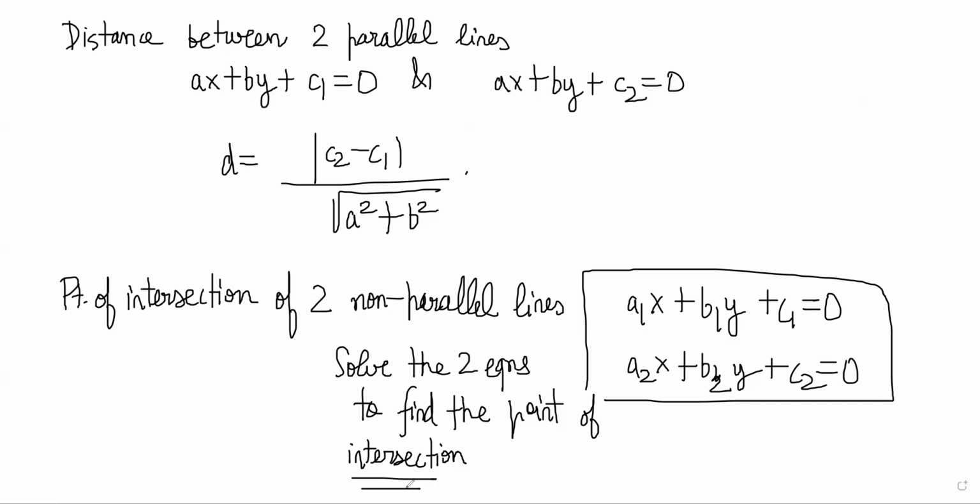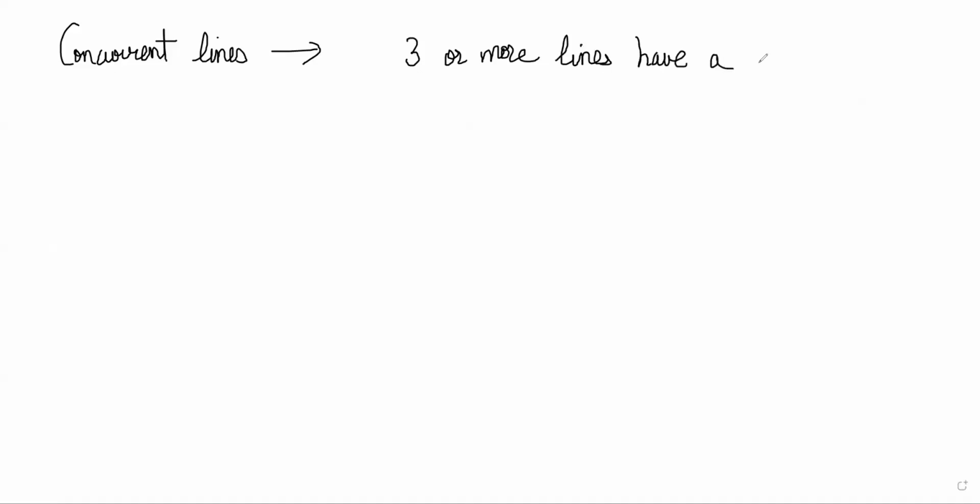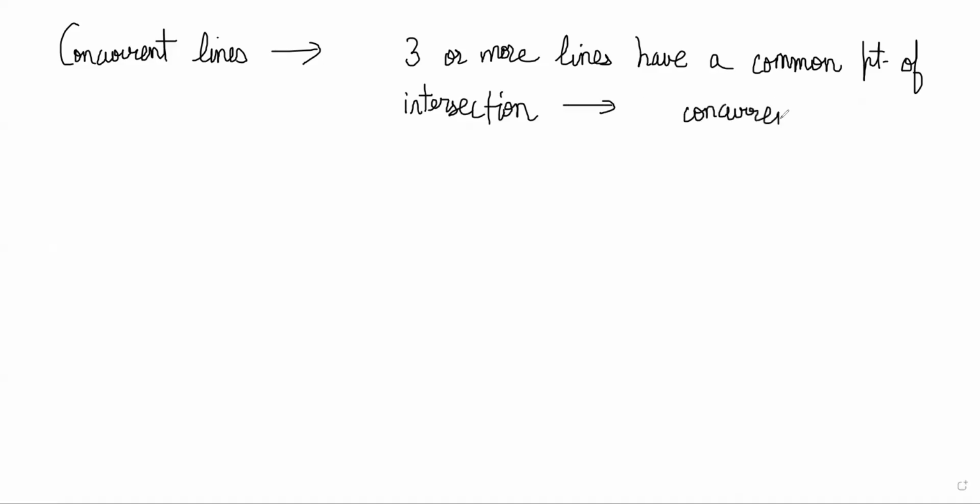the next thing is what are concurrent lines? So basically the idea is if three or more lines have a common point of intersection, then they are called concurrent lines.